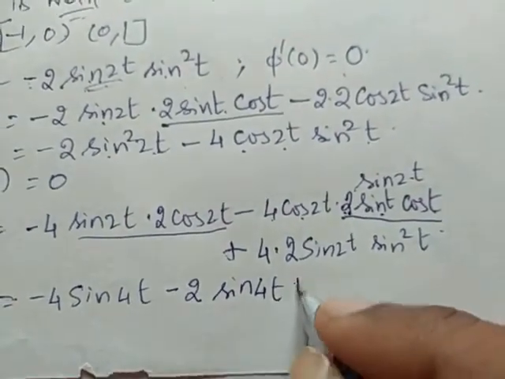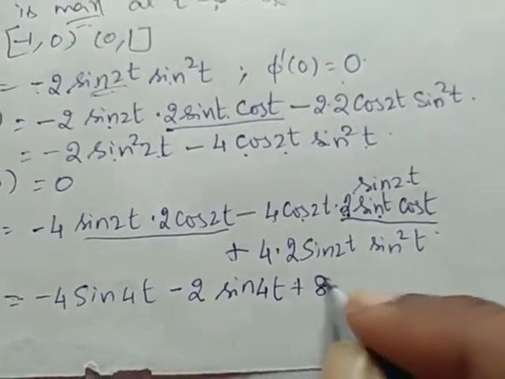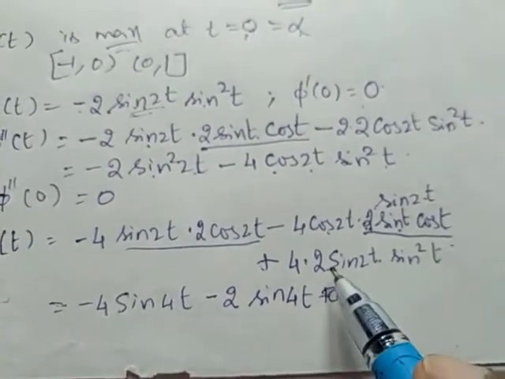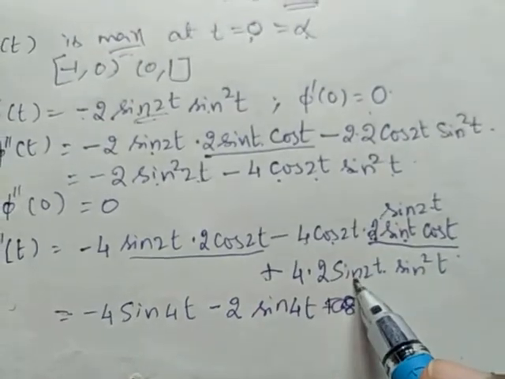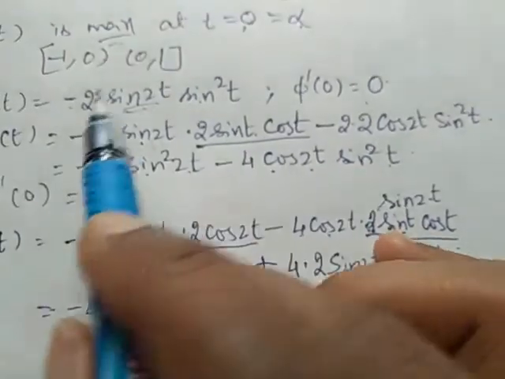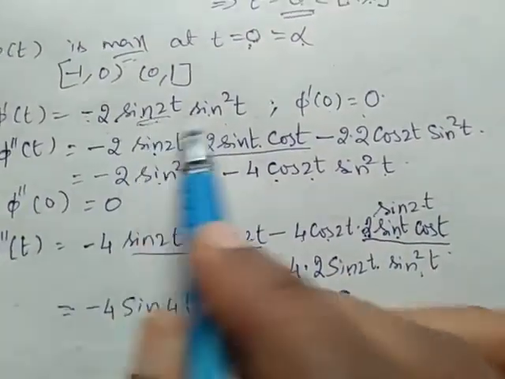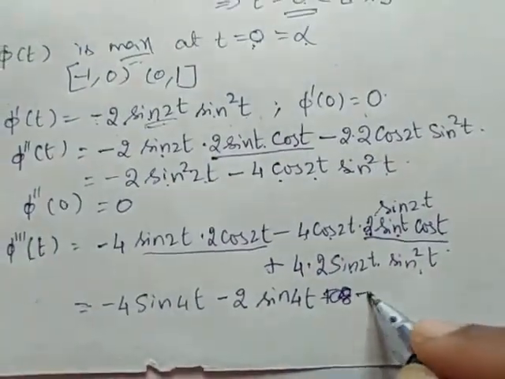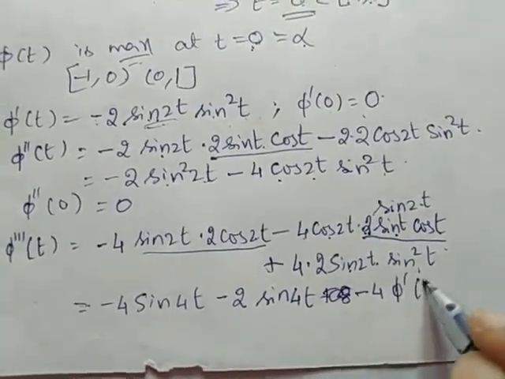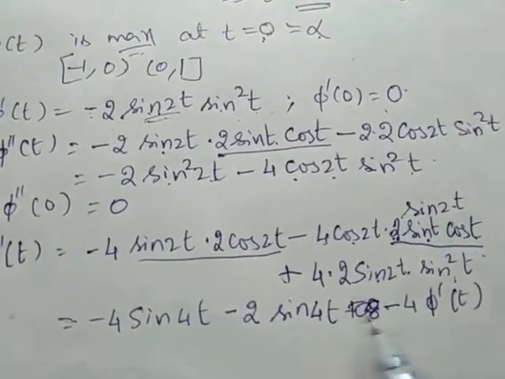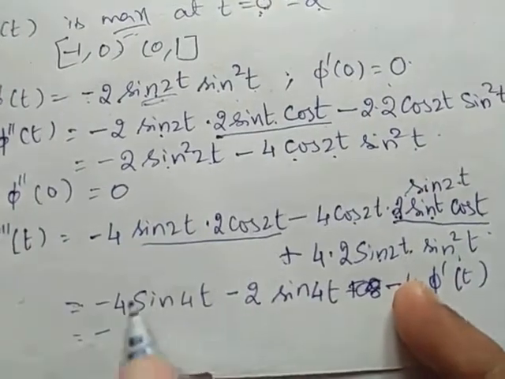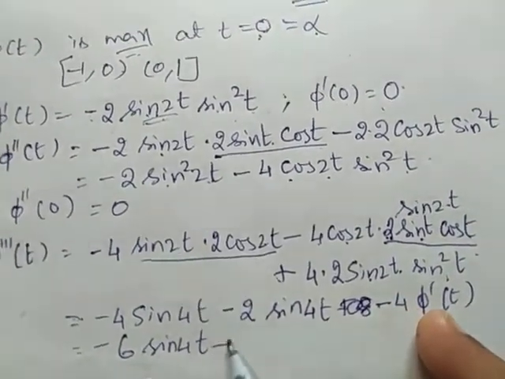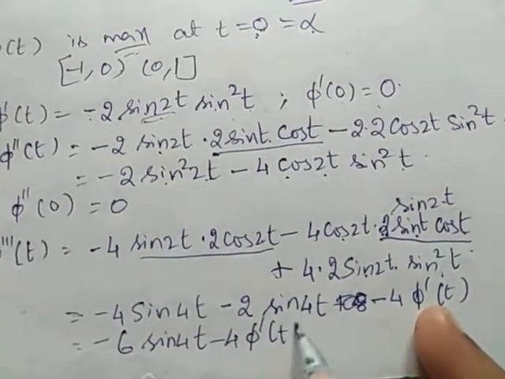Again here 8. This I can write as, see here we are having 2 sin 2t sin square t. Here also we are having 2 sin 2t sin square t. So I can substitute this as phi dash of t. So this becomes minus 4 phi dash of t. So now we are having minus 6 sin 4t minus 4 phi dash of t.